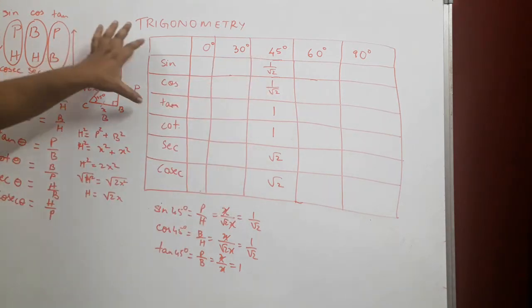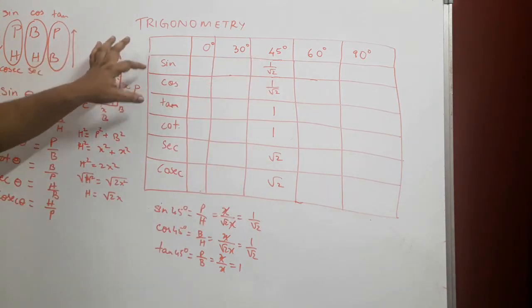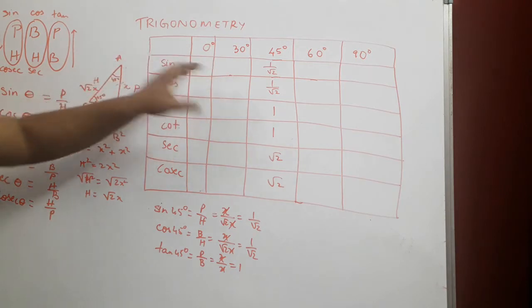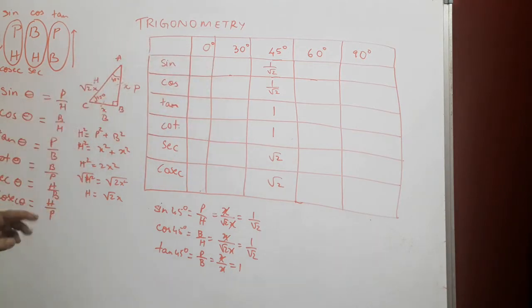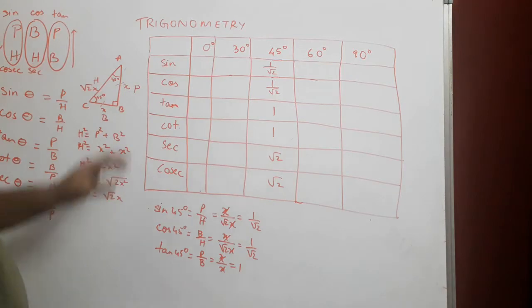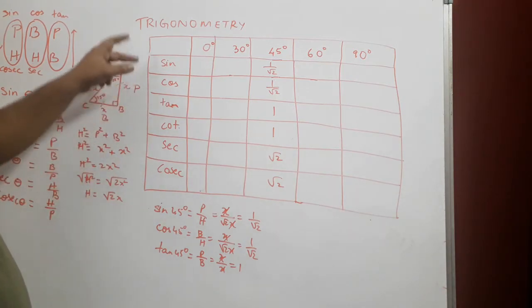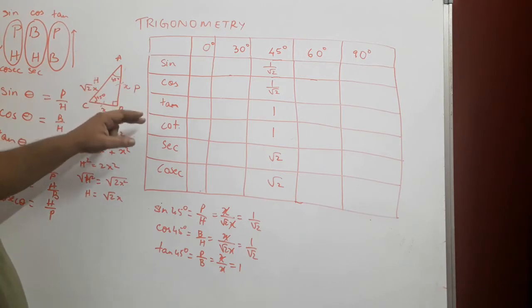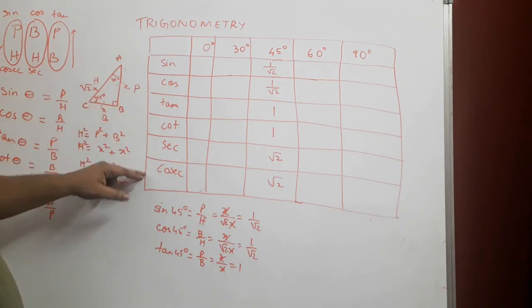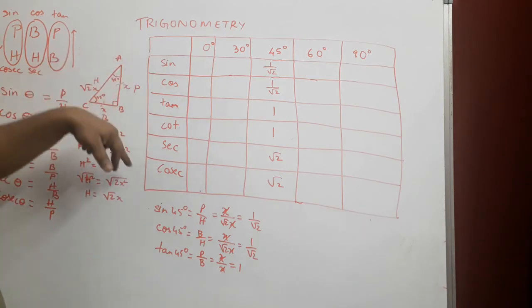And have a look, it is important to find out sine, cos and tan of any angle. In fact, it's just important to know sine and cos. If you know sine and cos, you can find out tan, because tan is equal to sine upon cos. And once you know sine, cos and tan, you can easily get cot, sec and cosec, knowing that they are opposites of the first three.